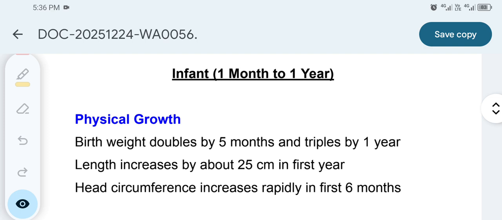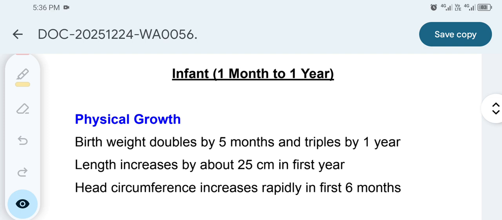It would have been 9 kg. If they had 2.5, multiplying it by 3, they would possibly have around 8 somewhere or 7.8 somewhere. Okay? So you should know these parameters.